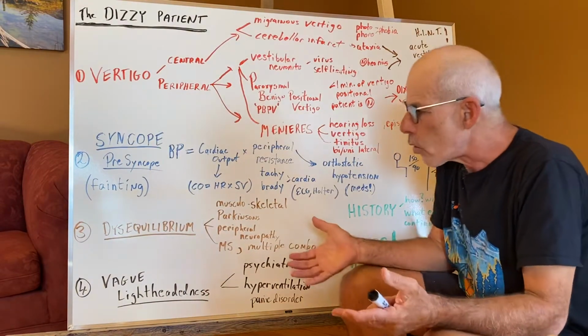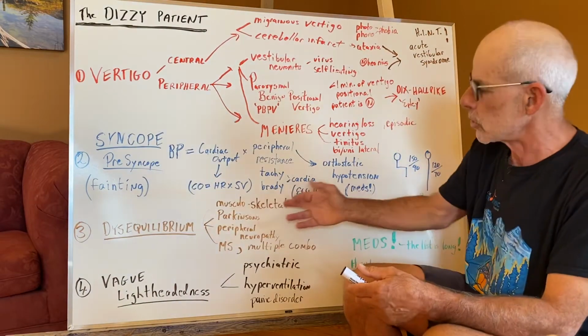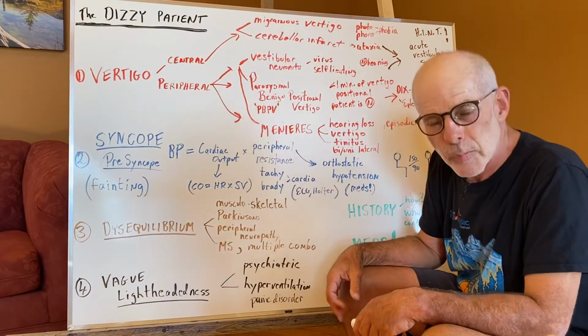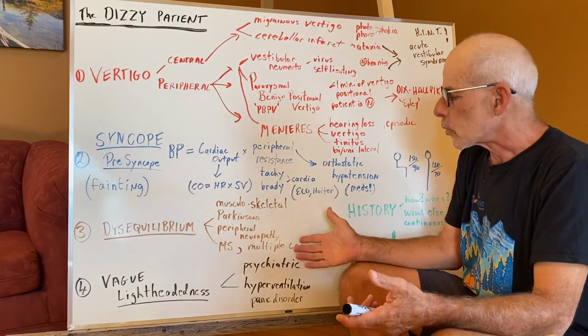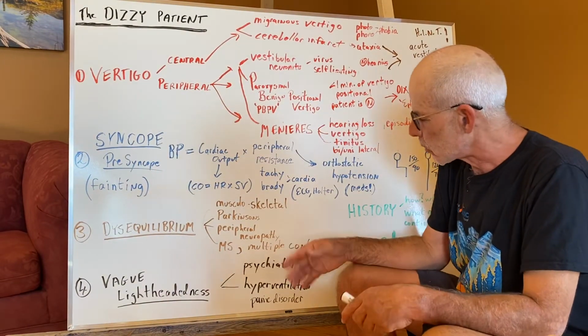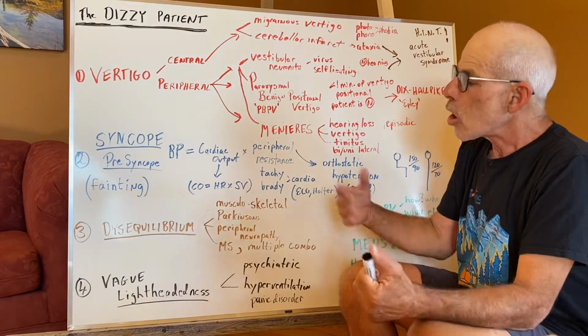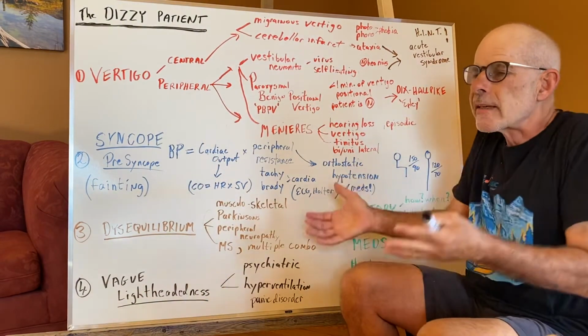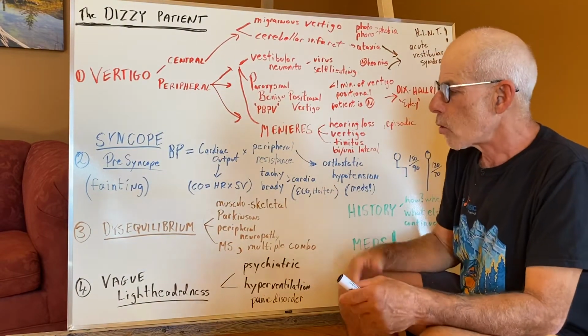So if there's malfunction in any of those, for example, if the patient has multiple musculoskeletal problems, Parkinson's, types of peripheral neuropathy, multiple sclerosis, or combinations of these things, you'll also get a vague sense of being off balance when you're moving and walking.